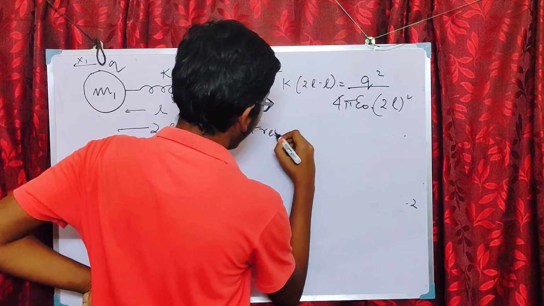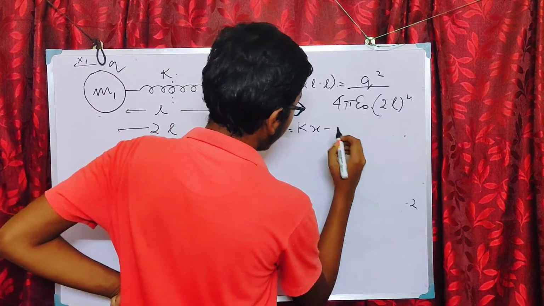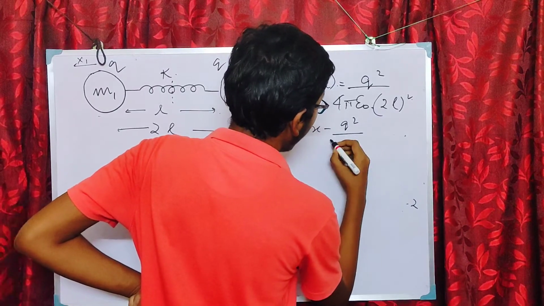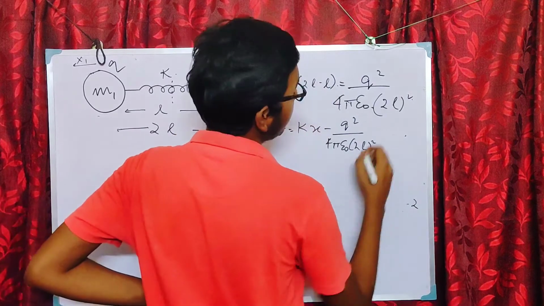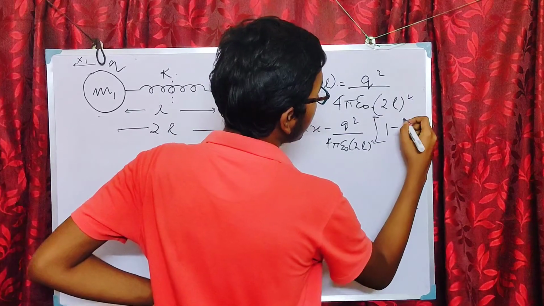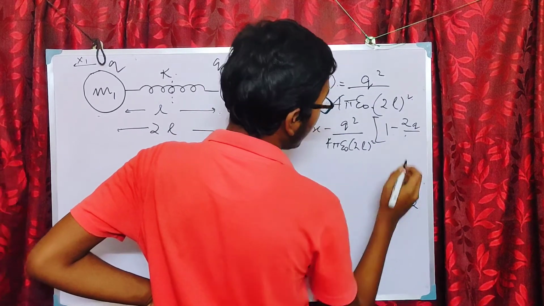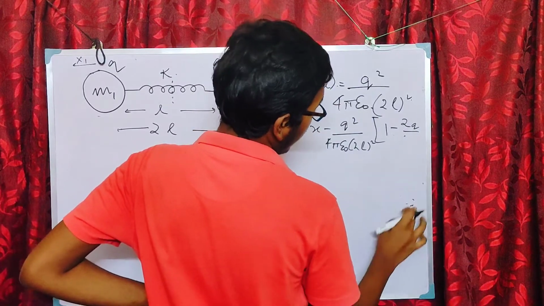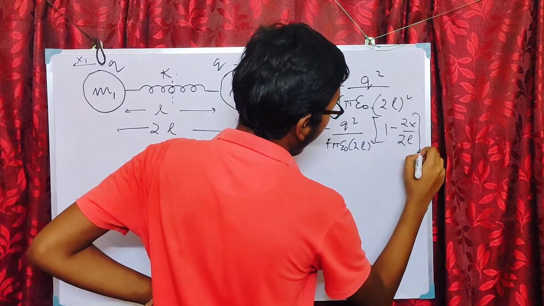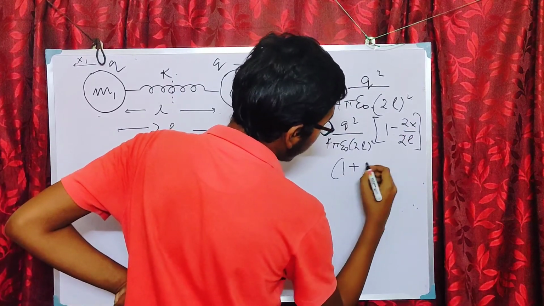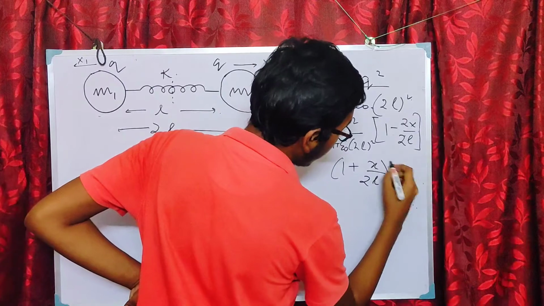F restoring would become kx minus Q square by 4 pi epsilon naught 2L whole square into 1 minus 2x divided by 2L. It was 1 plus x by 2L whole to the power minus 2.